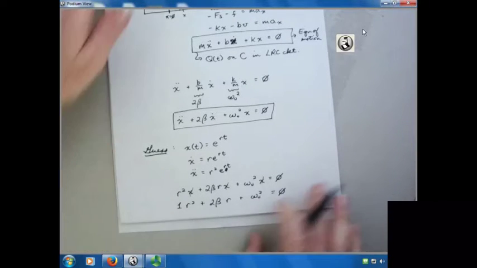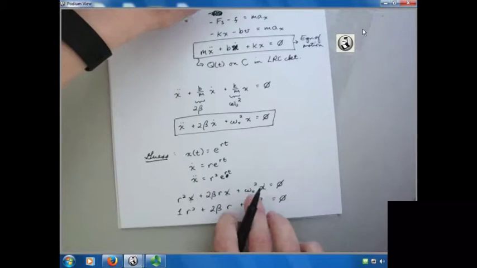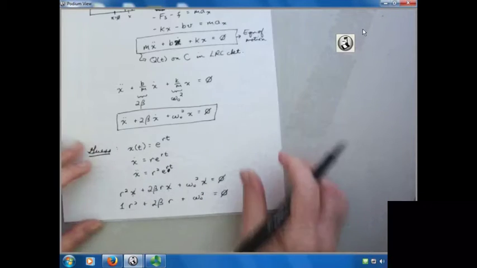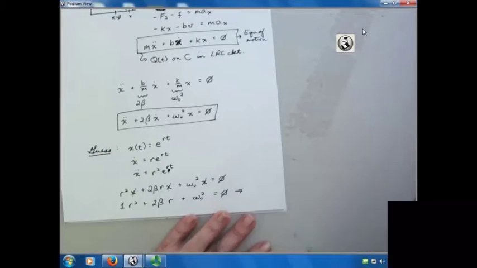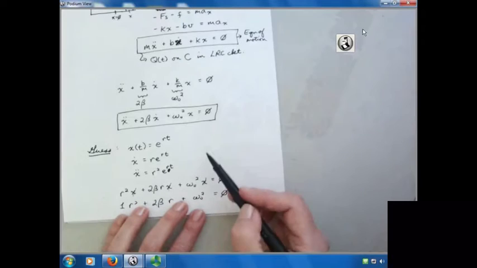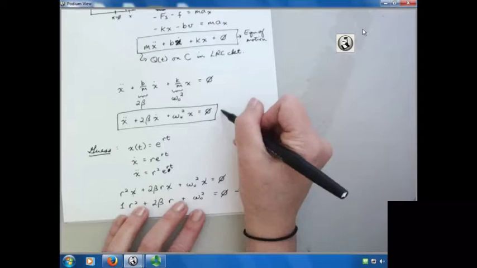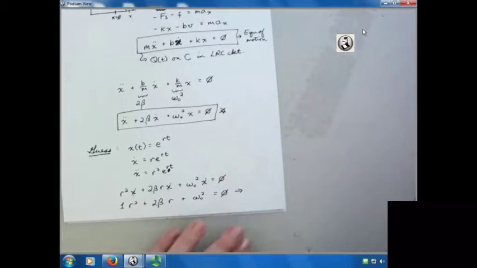And in order to find r such that this equality holds, and by the way, this equality has a special name. This is called the auxiliary equation for the equation of motion, in which I made some substitutions. So it's really more the auxiliary equation of this form of the equation of motion.